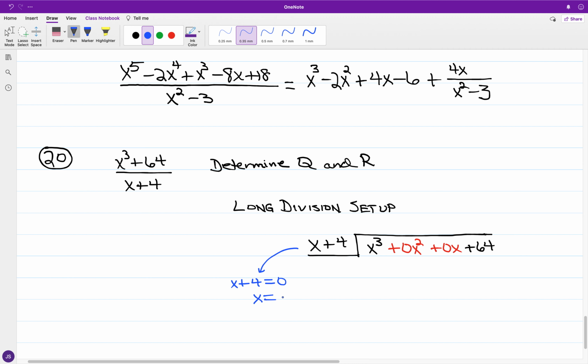So I have x plus 4 equal to 0, so x is equal to negative 4. With synthetic division, representing x plus 4, I have the 0 value, negative 4.